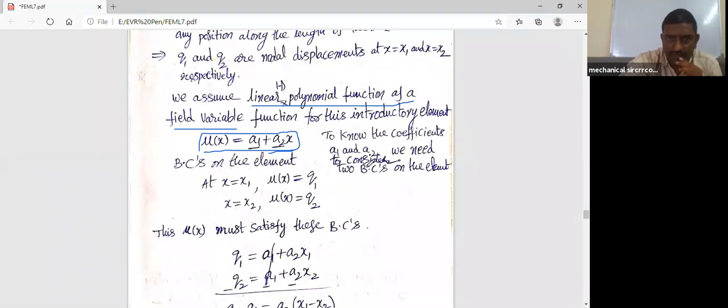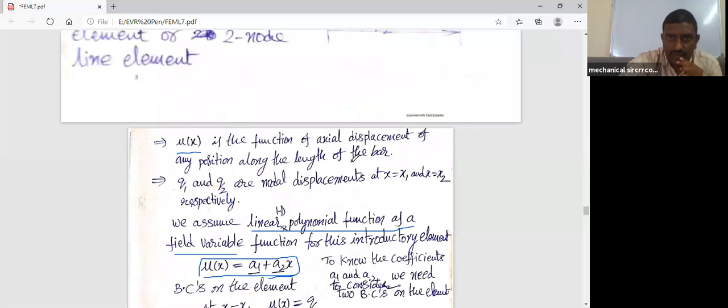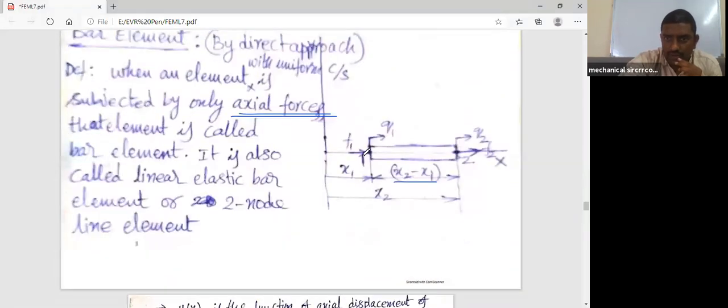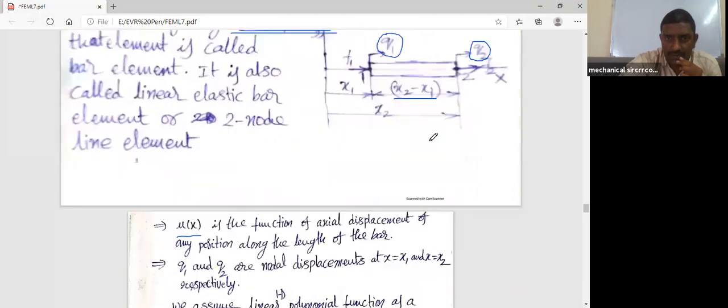on the element. Here the boundary conditions we consider on this element: at x equal to x1, the specified displacement is q1. At x equal to x2, the specified displacement is q2. So we have two boundary conditions on this element.